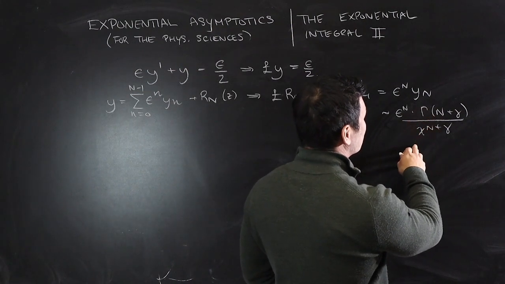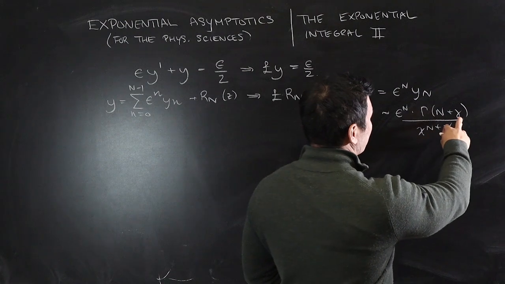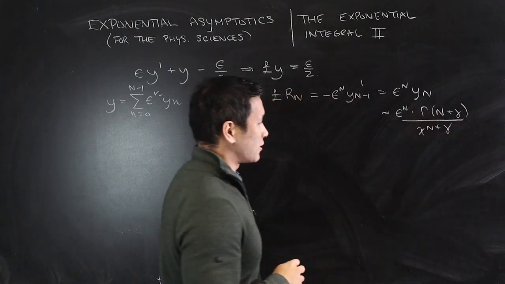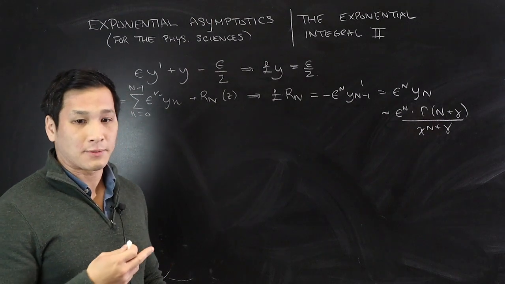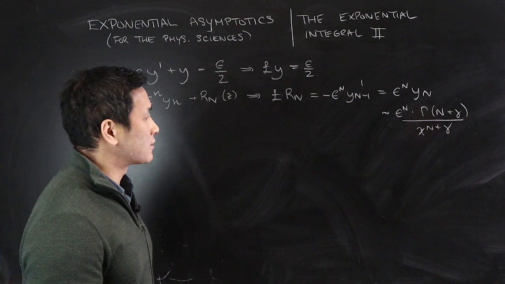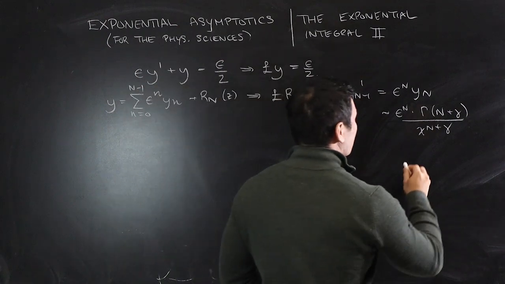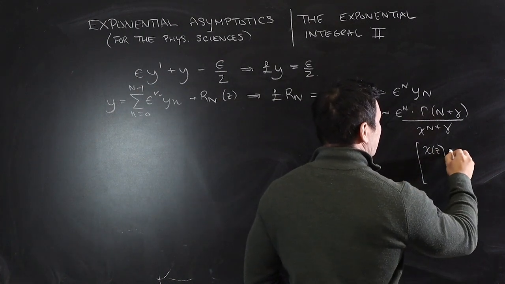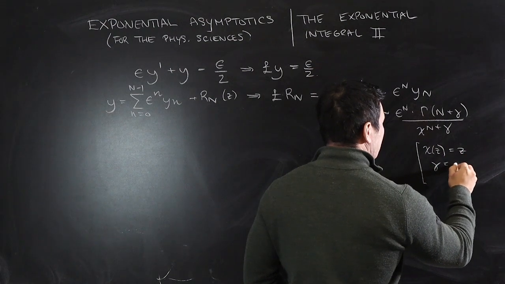It's going to be our convention going forwards. And so I've introduced to you a gamma constant and a chi function here. For the exponential integral, chi of z is just z and gamma is just 0.